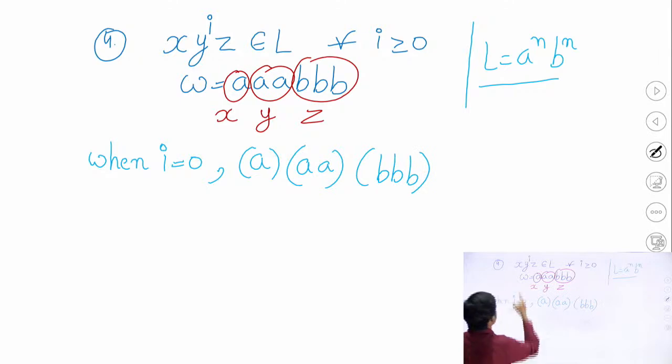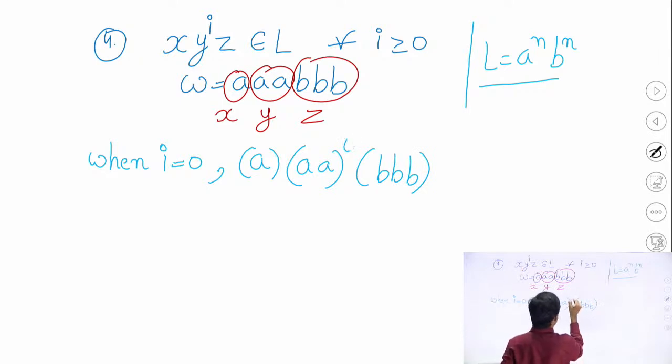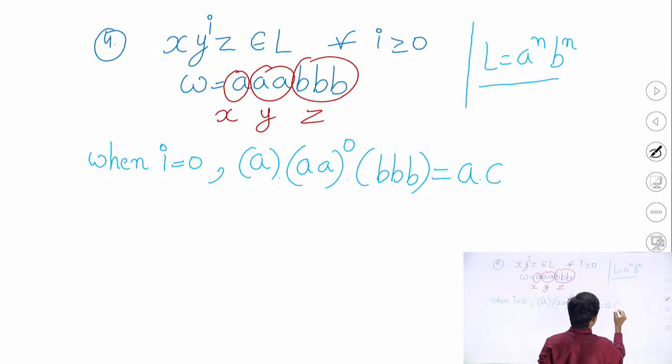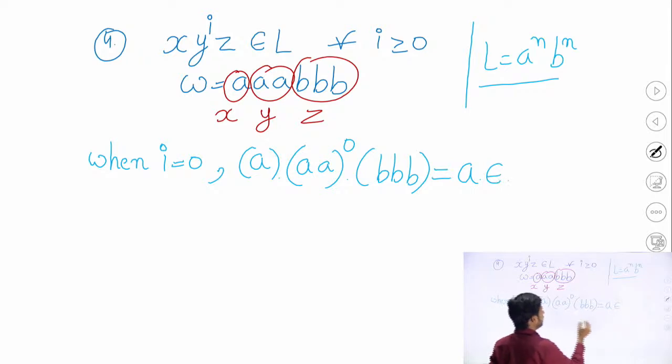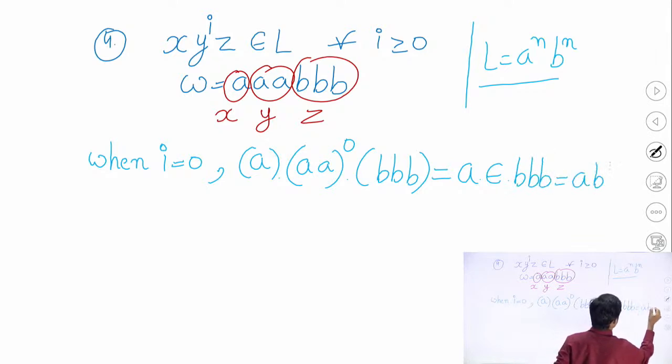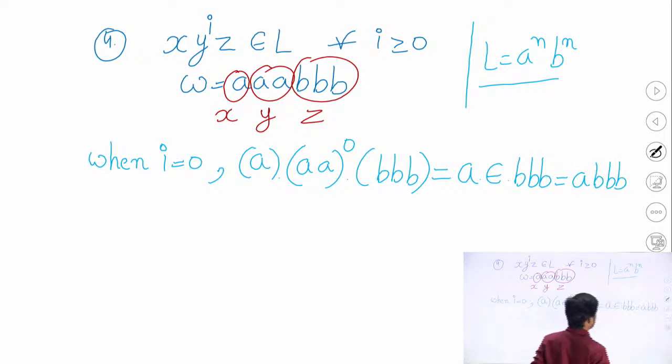Now put i equal to 0, so this will be equal to a raised to power 0, which means epsilon, and 3 times b. So this will be equal to a b raised to power 3.